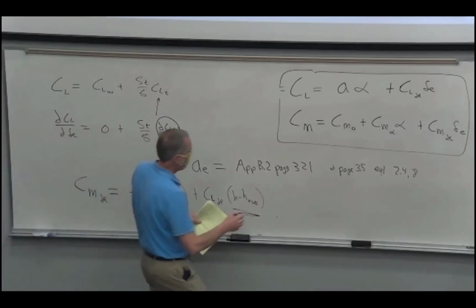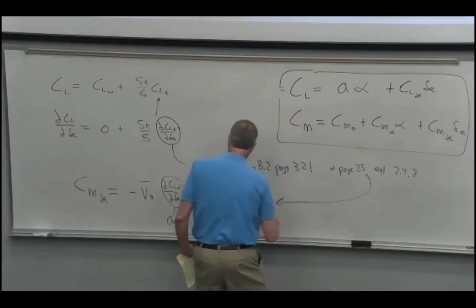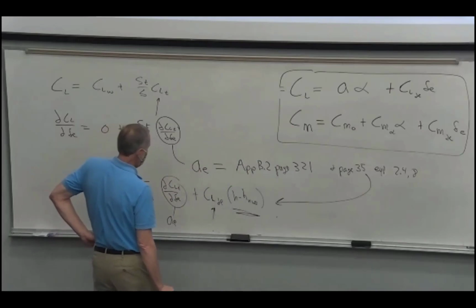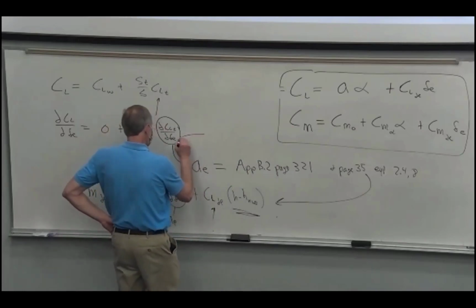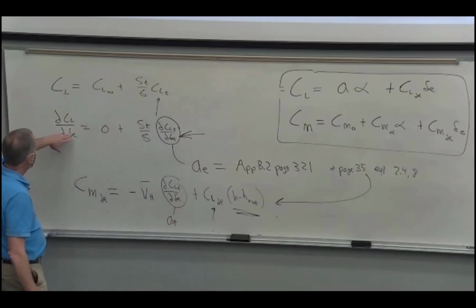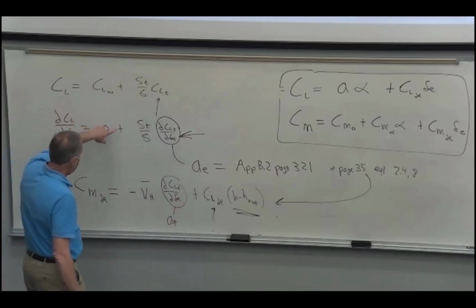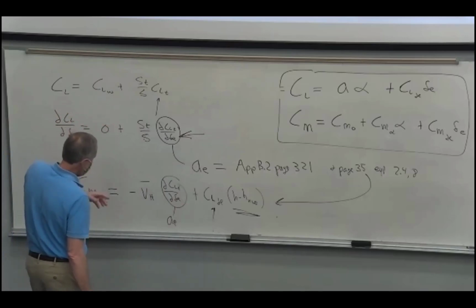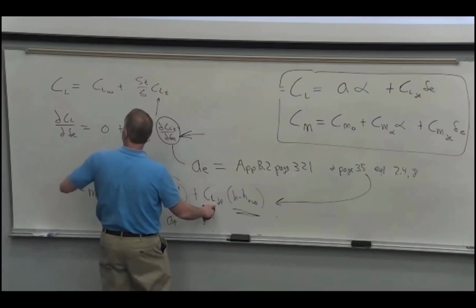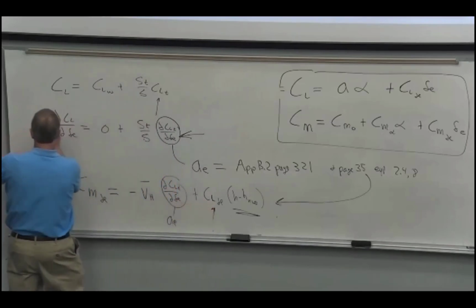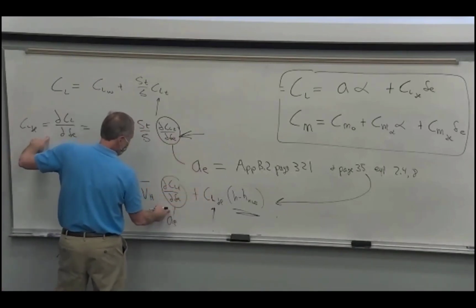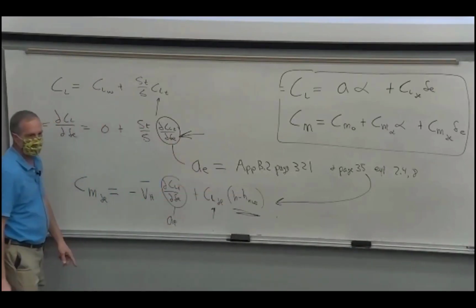Oh, and that's this equation here that's on page 35. So for the homework in the future, and if you're designing an airplane, go to the appendix to get this number here. Then you use this formula to calculate it. And then you got that number from the appendix. And we know CL delta E, that's the number we just got from up here. So that number that we calculated goes in here. This comes from the appendix. You multiply and you got the pitching moment effect.